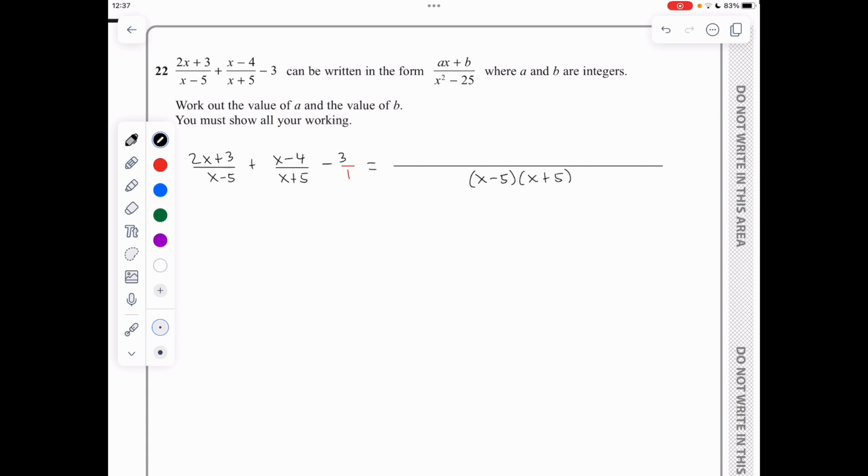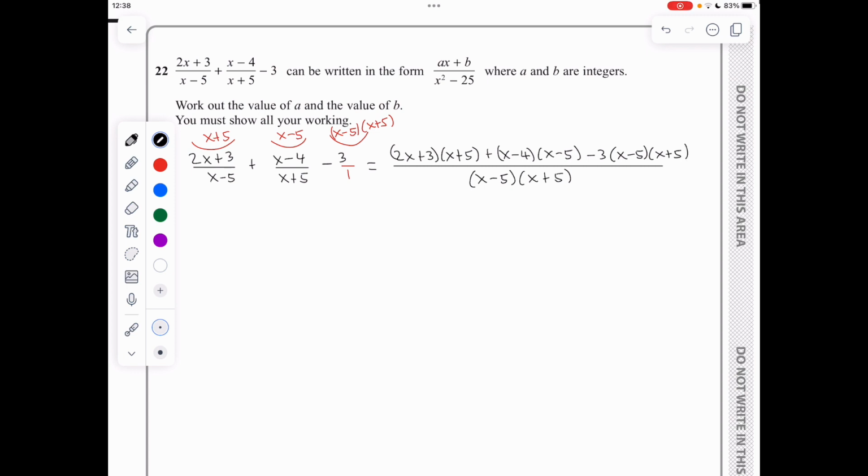And we notice that the first bracket needs to be multiplied by x plus 5, the second by x minus 5, and the third by x minus 5, x plus 5. So in the numerator, we will be having 2x plus 3 times x plus 5, plus x minus 4 times x minus 5, and then minus 3 times x minus 5 times x plus 5.